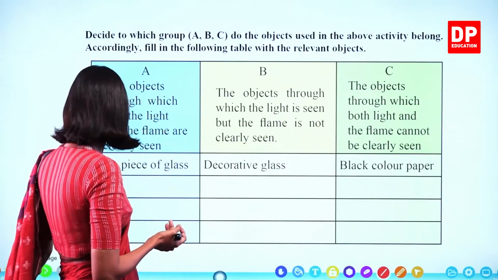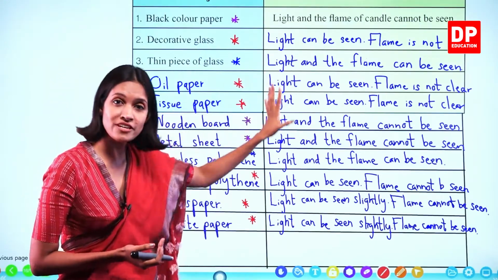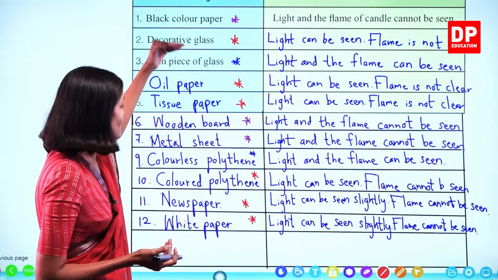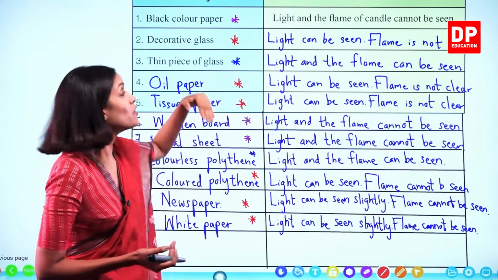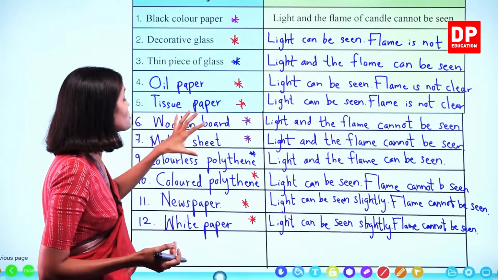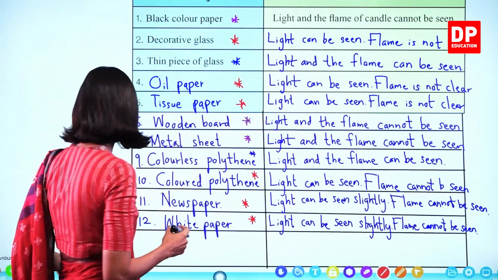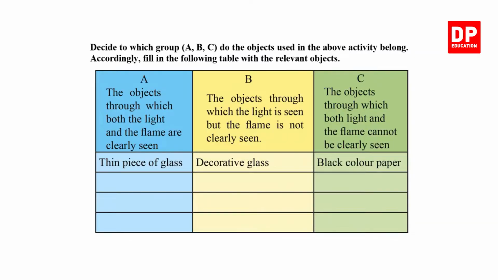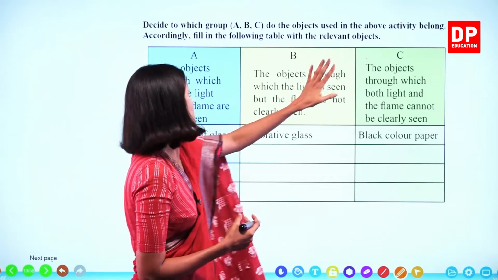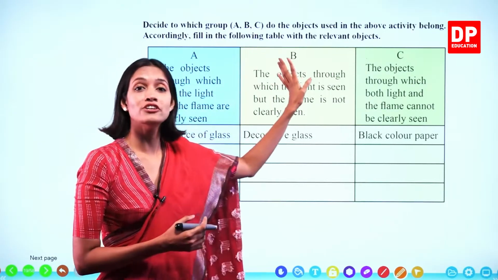So now we know, according to the experiment that we have done, now we know the observations, how these different types of materials behave, or how light behaves with different types of materials. Now we can include these different types of materials under A, B and C. We'll do that now. So decide to which group, A or B or C, do the objects or the materials we used in the above activity belong. Accordingly, fill in the following table with the relevant objects.